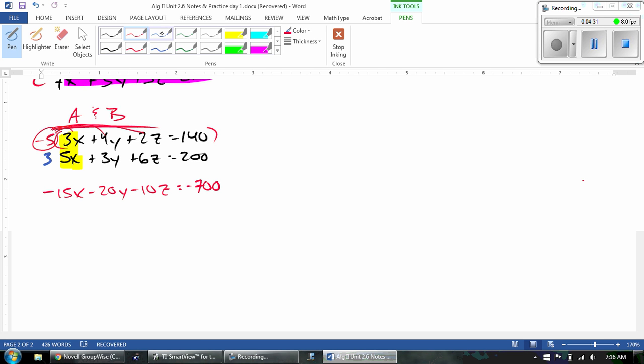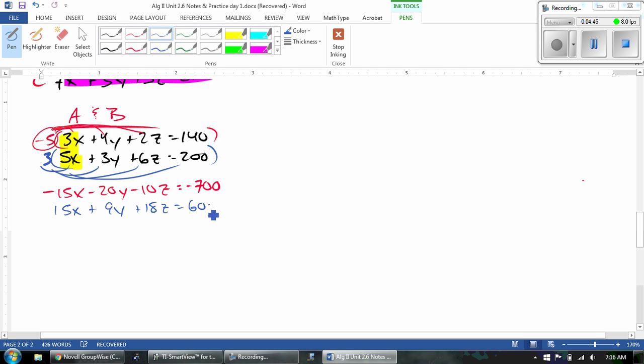So we're going to do the same thing. We're going to distribute the 3 to get 15x plus 9y plus 18z and 600. And just like we wanted, the x's cancel.